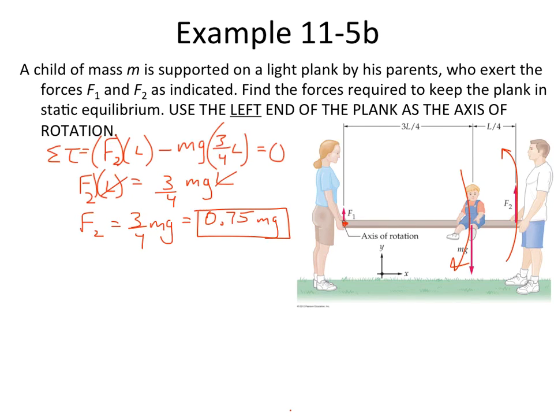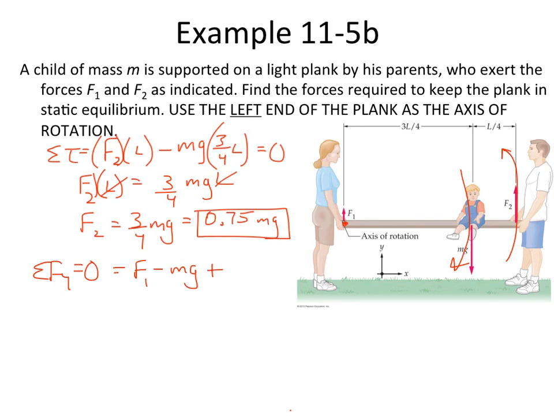All right? And force 1, since we already know this upward force, and we know the downward force now, mg, of this child, we should be able to use translational equilibrium. Net force in the y direction, not torque anymore, but net force in the y direction equals 0. And that equals the sum of all these upward and downward forces. So it's going to be force 1 up minus mg down plus force 2 up.